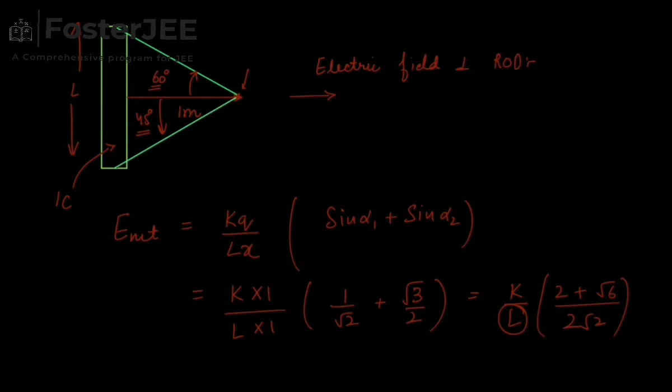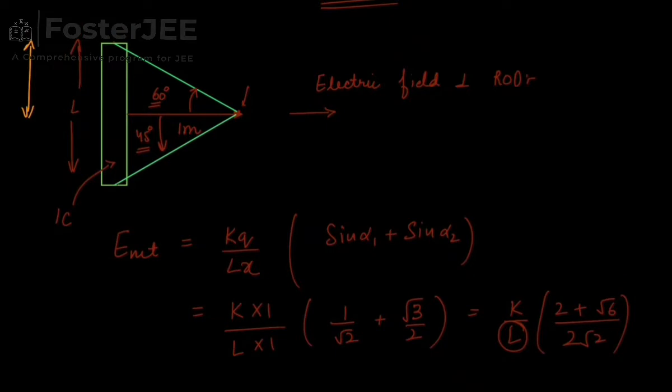Now, what will be this distance? Using tan 60, we can write tan 60 degree as y1 upon 1, suppose this is y1. So y1 is tan 60 and that value is root 3. And what is the value of this?